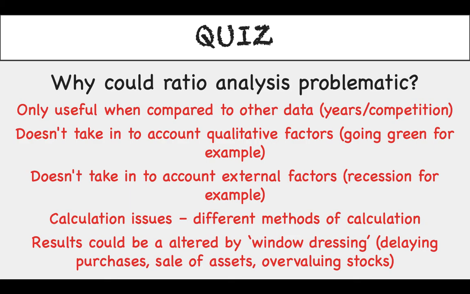Maybe selling off an asset to suddenly boost liquidity in order to make the business appear healthier than it actually is. Or maybe valuing stocks. Okay, so maybe overvaluing of stocks could also increase your liquidity somewhat. But really, it's a window dressing method to make the numbers appear better than they actually are.